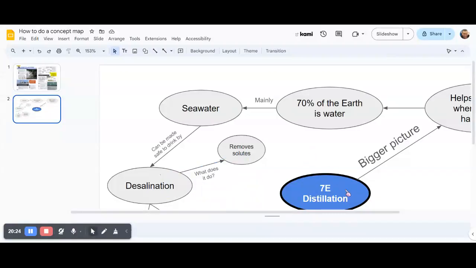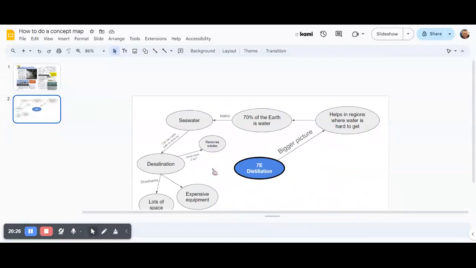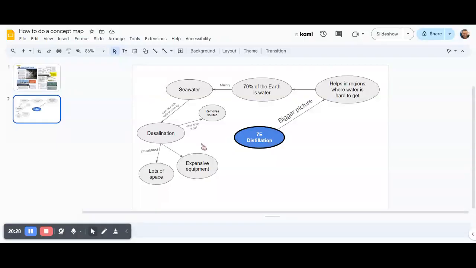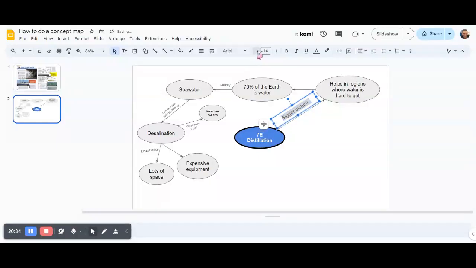Okay, so let's zoom out over here and think about this. So you've got distillation. The bigger picture is that it helps in regions where water is hard to get in the world. Now that links to 70% of the Earth is water, that is mainly seawater.